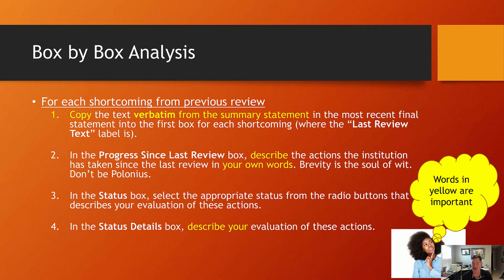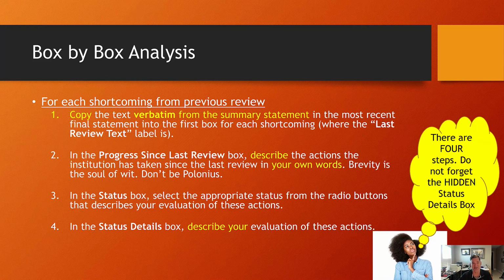You have to click on like a little plus sign to expand it, and you want to describe your evaluation in that particular box. Okay, so note there are 4 steps, not 3 steps. Don't forget that last step. A lot of team chairs just don't see it because it's not fully expanded, but CAC does use it.